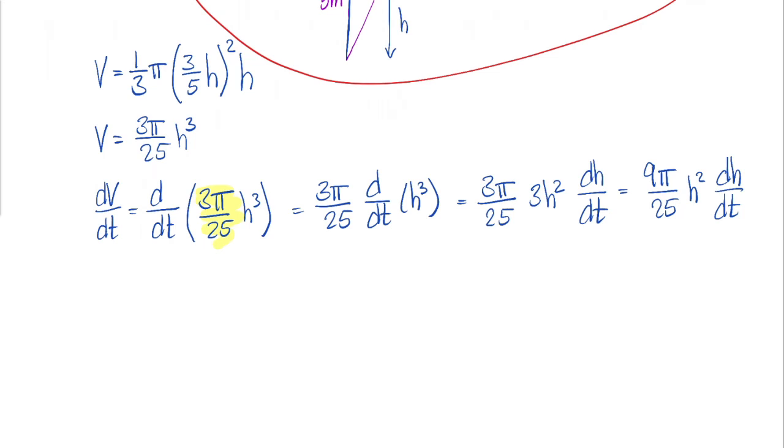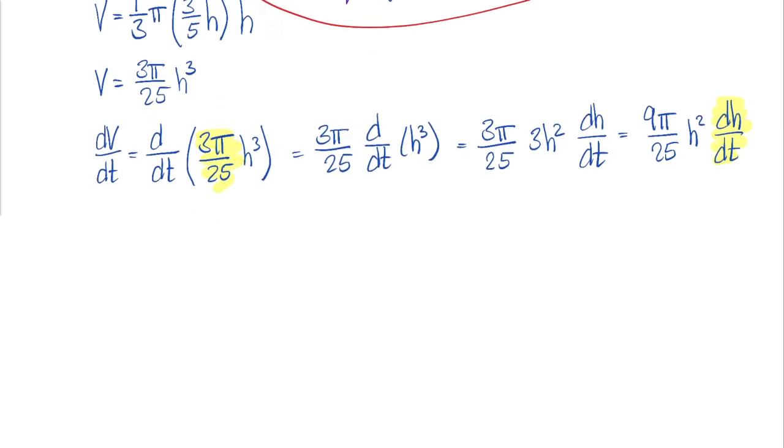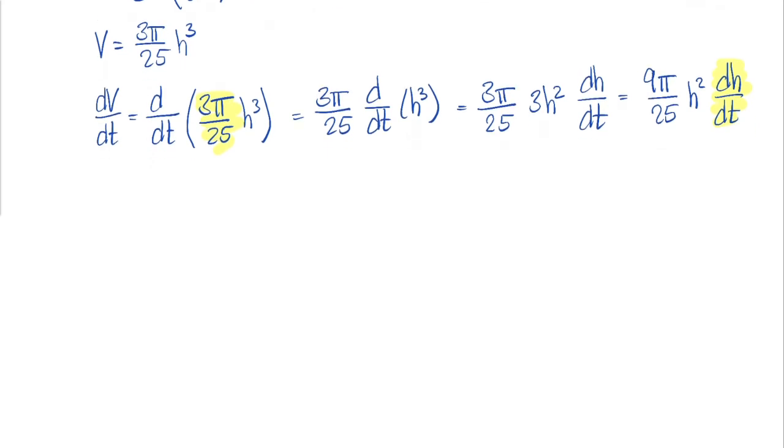Okay, so what we want to determine here is dh/dt, the rate at which the height of the water level is changing. So we need to isolate dh/dt. So it's just a matter of rearranging this expression. Actually, let's first just write down our differentiated expression. So it's dV/dt equals 9 pi over 25 h squared times dh/dt.